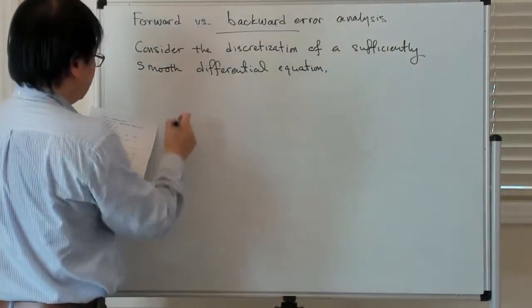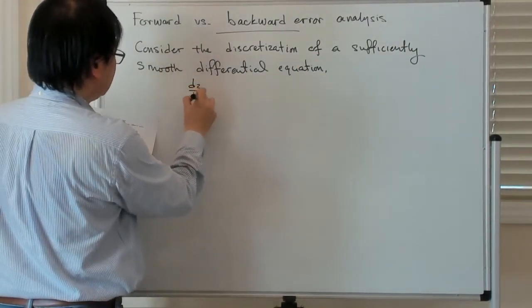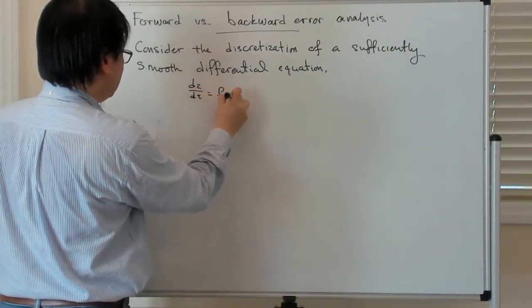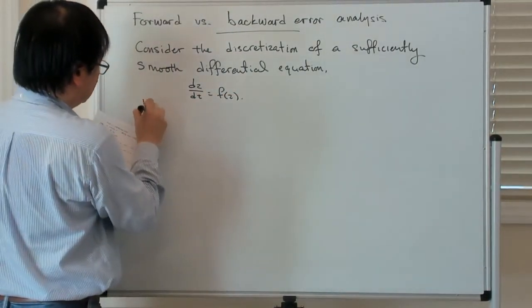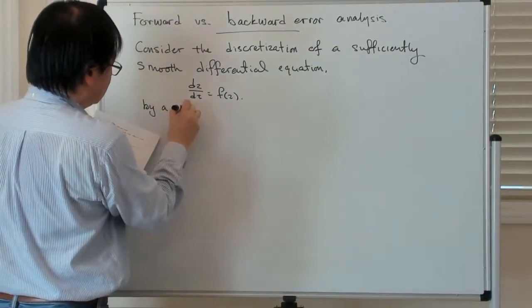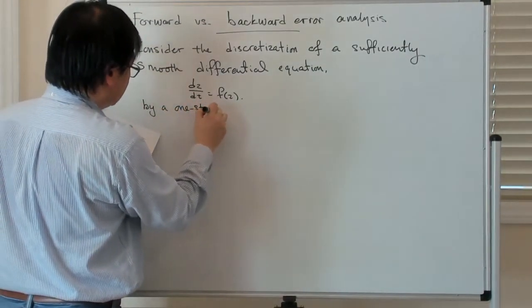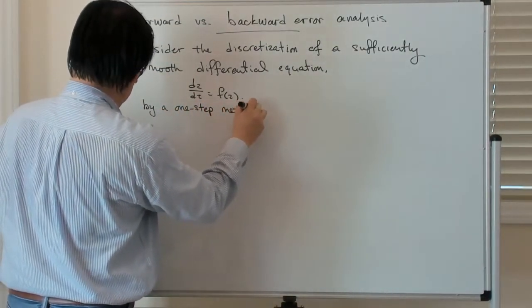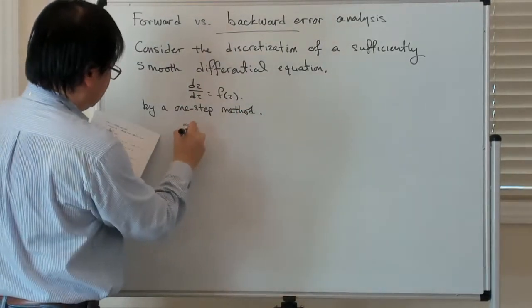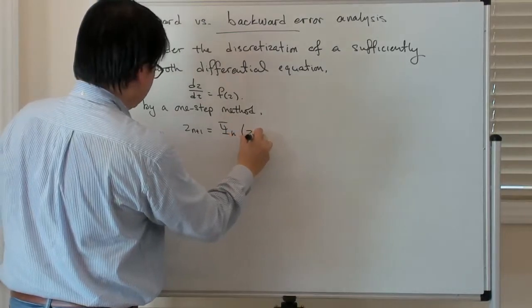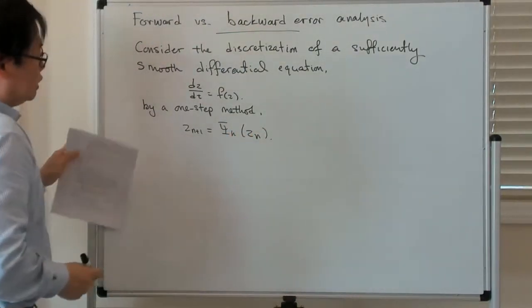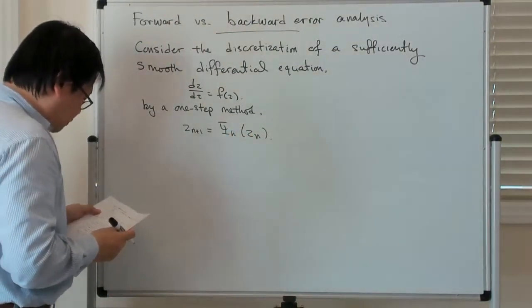Let's say just dz/dt equals f of z, and I'm going to discretize this by some one-step method. Okay, so z_{n+1} is equal to Psi_h applied to z_n. Okay, and let's say it has order p greater than or equal to 1.